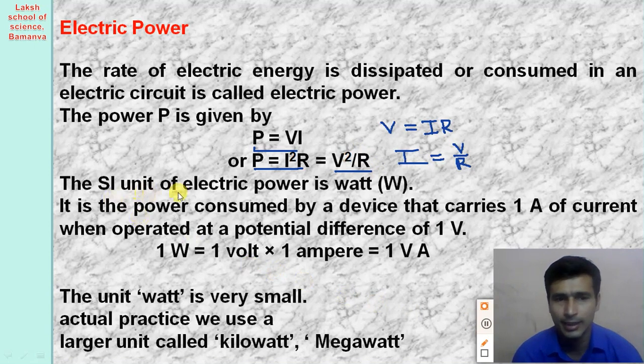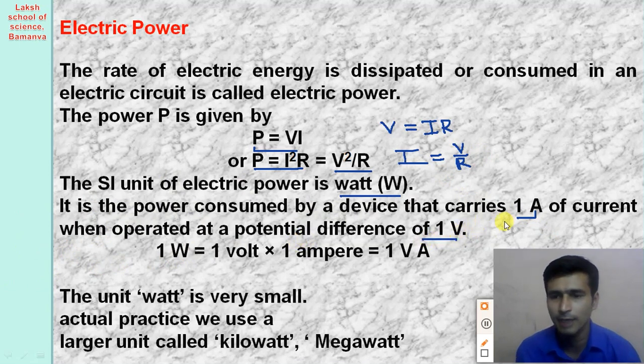The SI unit of electric power is the watt. So what is 1 watt of electric power? 1 watt is the power consumed by a device that carries 1 ampere of electric current when operated at a potential difference of 1 volt.